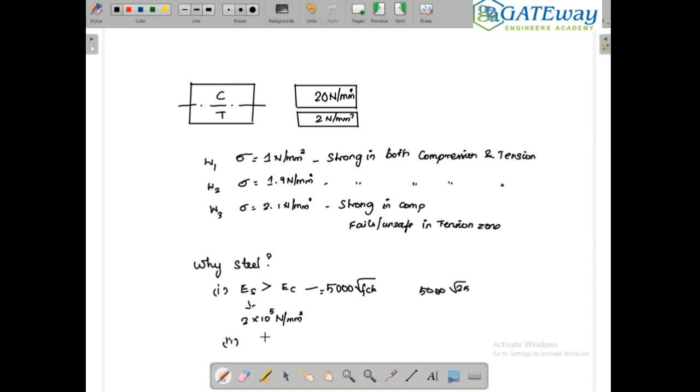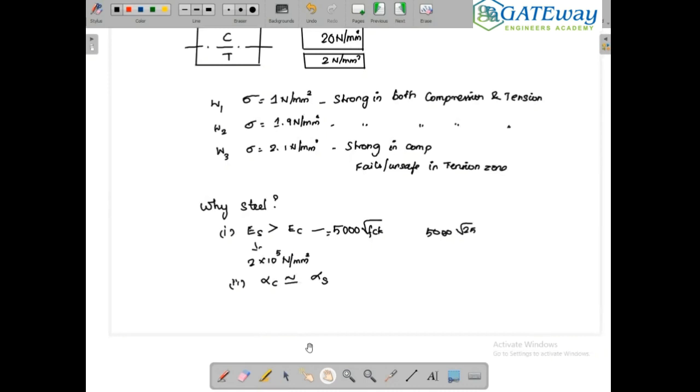Then the coefficient of thermal expansion of concrete and steel is approximately equal. The value for concrete is 1.1 into 10 power minus 5, and for steel it is 1.2 into 10 power minus 5.